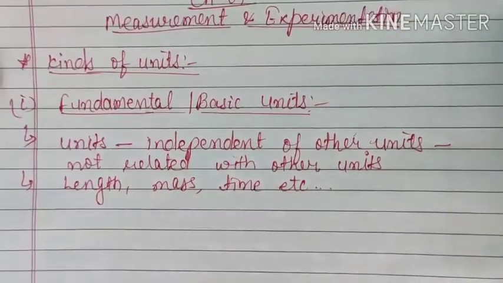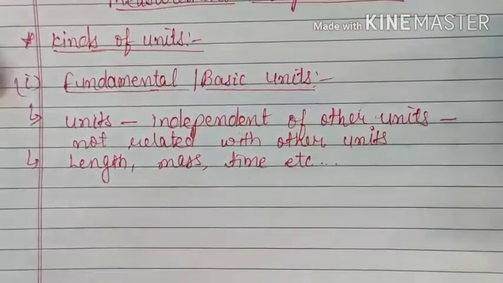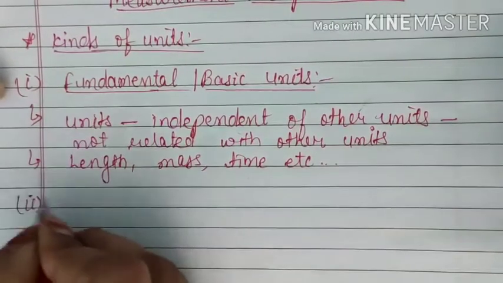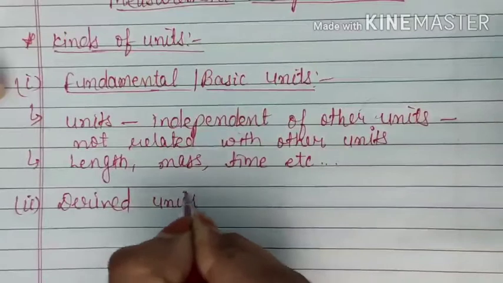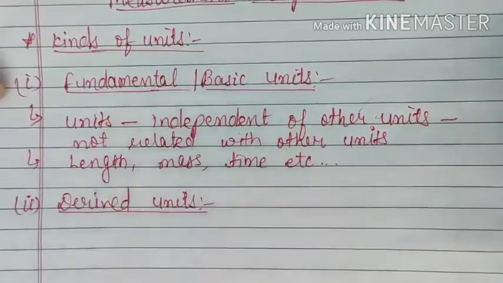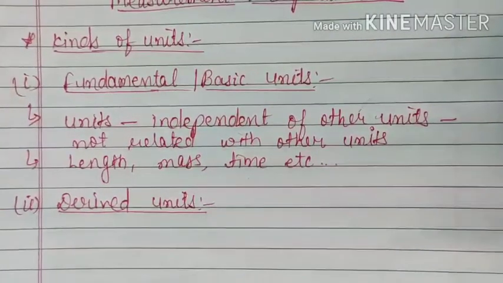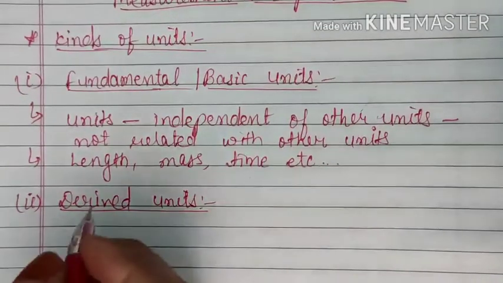Okay, so these are known as fundamental units. And the second one is derived units. As the name indicates, derived means they have been derived from fundamental units. They have come out from fundamental units. So obviously they will depend on fundamental units.